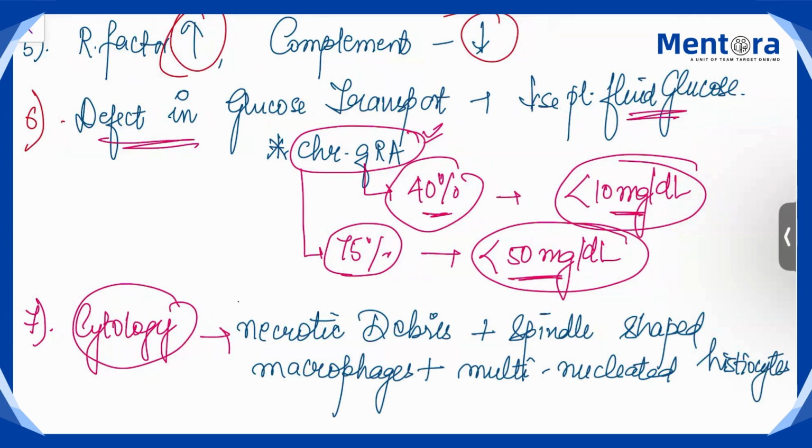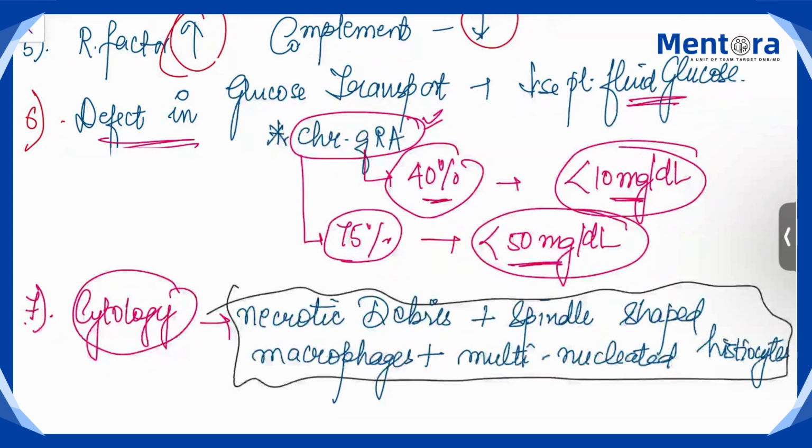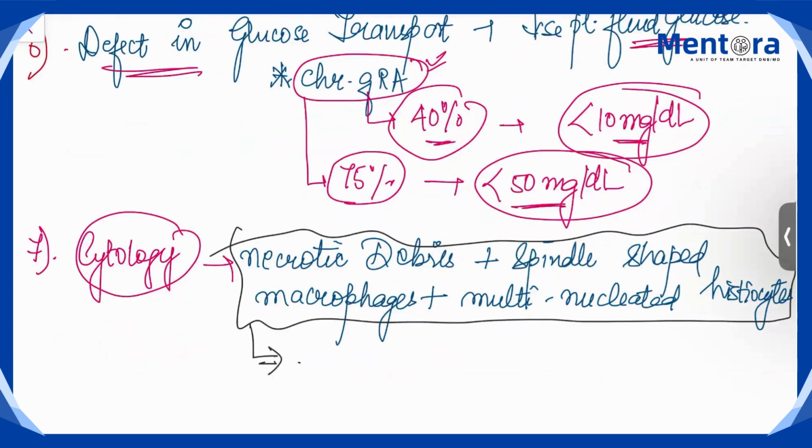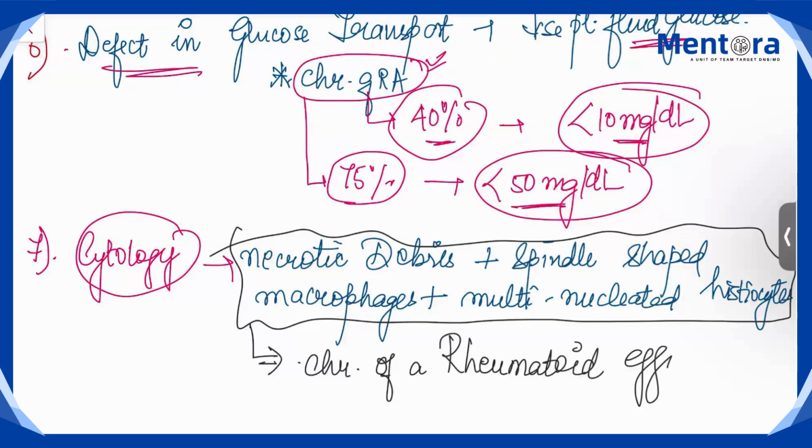So necrotic debris with spindle-shaped macrophages and multinucleated histiocytes are characteristic features of a rheumatoid effusion on cytology.